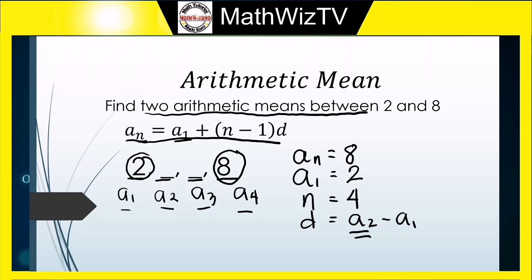So again we substitute the values. a sub n becomes 8 is equal to a sub 1, which is 2, plus quantity n, which is equal to 4, minus 1 multiplied by d. This will become our new equation.